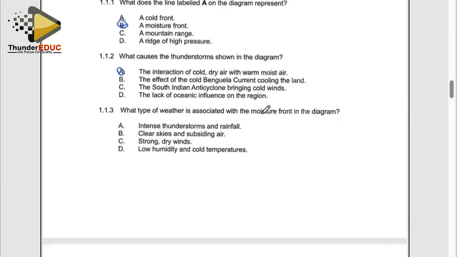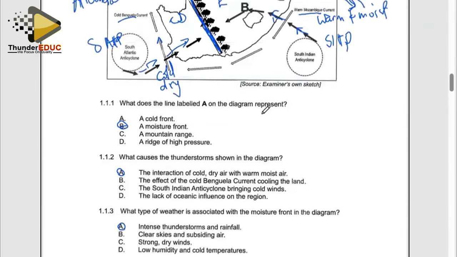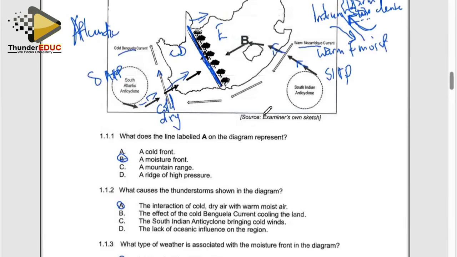Right. What type of weather is associated with the moisture front in the diagram? If we look at the type of weather there, the weather that we're going to experience is typical weather with intense thunderstorms and rainfall. We call them line thunderstorms. They happen along the moisture front.